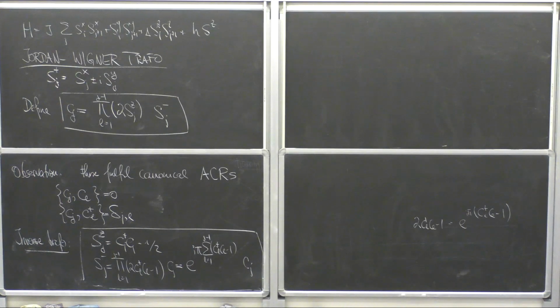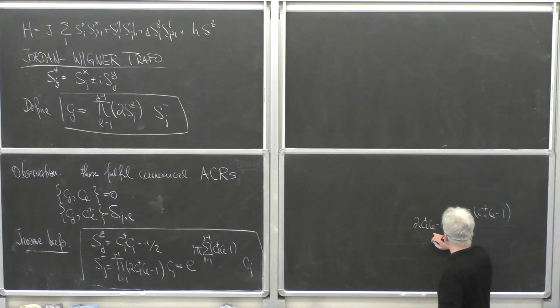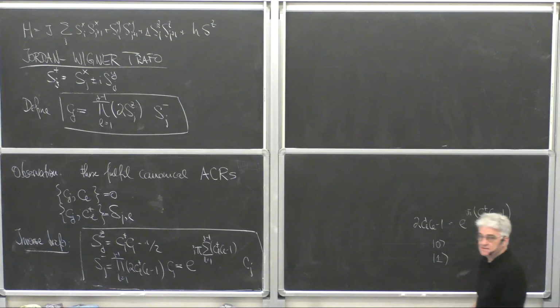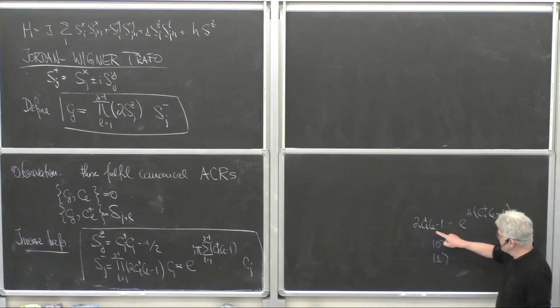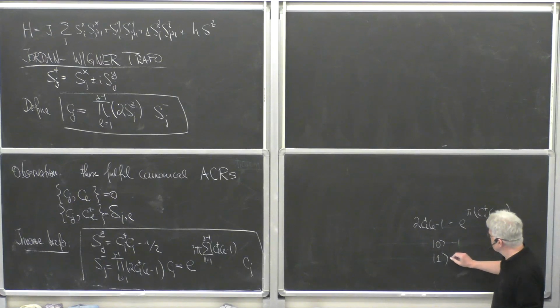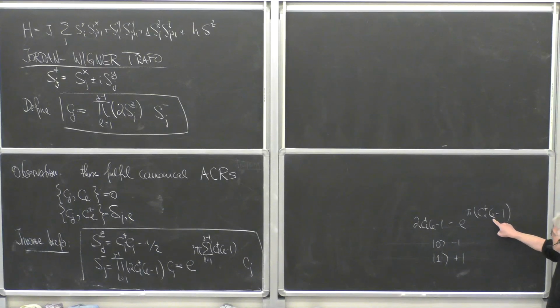Yeah, you can do it that way. It's not the simplest way. This is the simplest way. There are basically two states, the vacuum and the occupied state. If you act here on the vacuum, this one annihilates it, you get plus 1, and on the occupied state, you get minus 1. And here, this is an eigenstate of this.